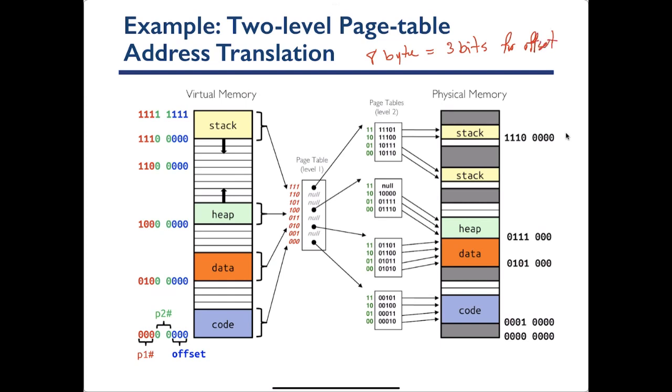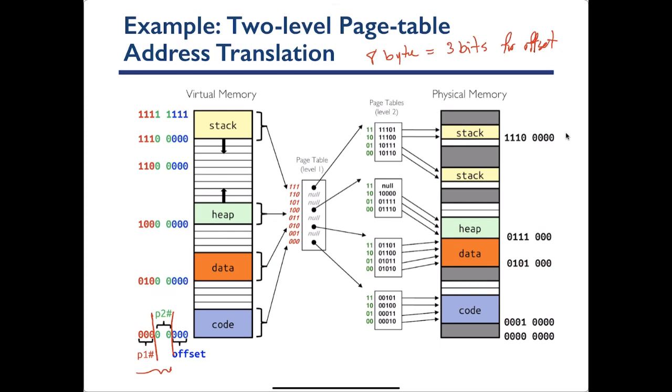That leaves me with 5 bits for virtual page number. Now, let's assume we're going to divide it so that the first 3 bits are used for virtual page level 1, and then 2 bits are used for virtual page level 2.